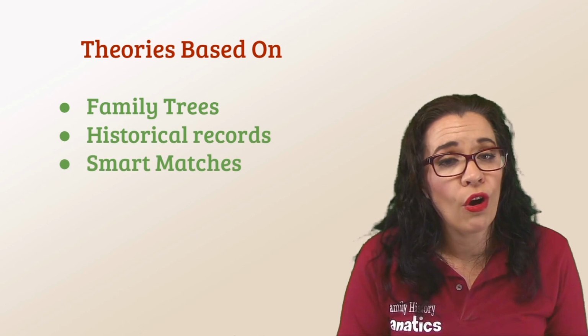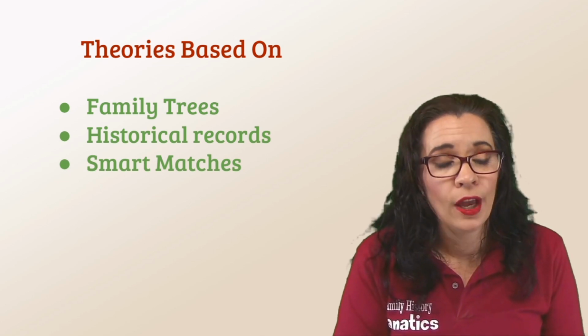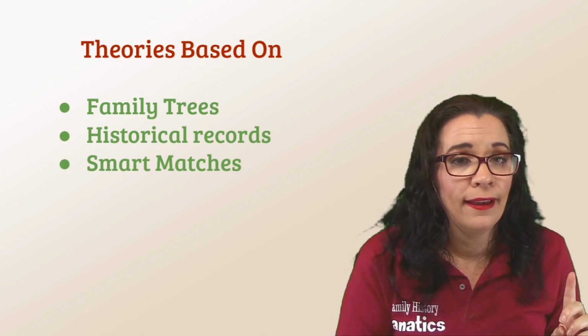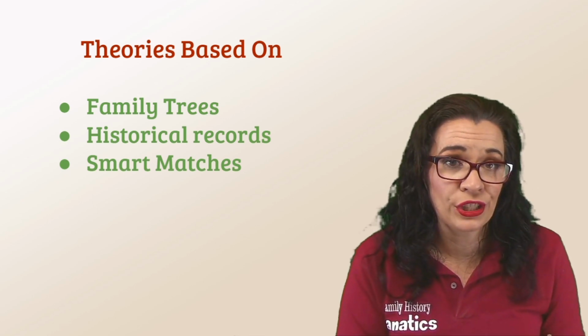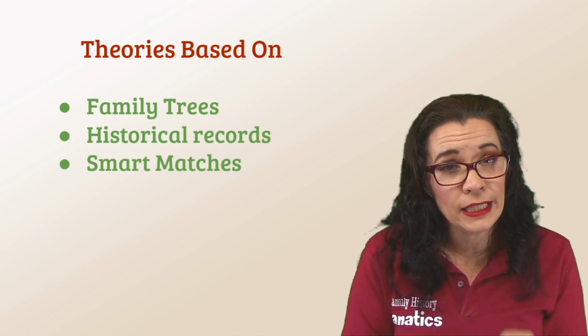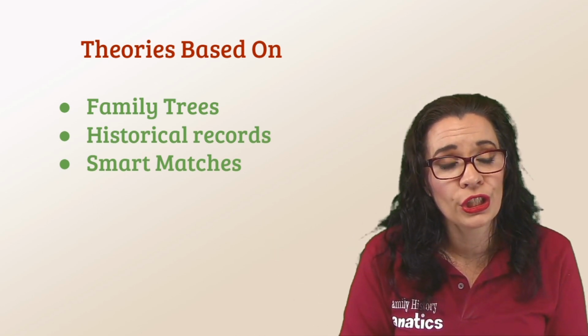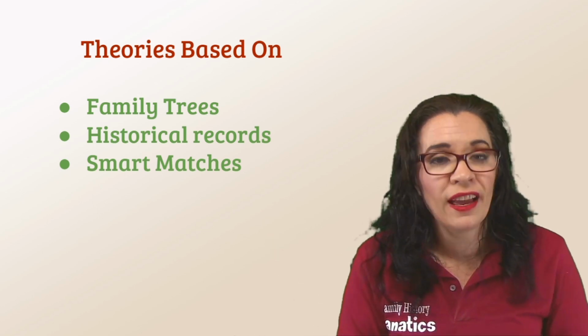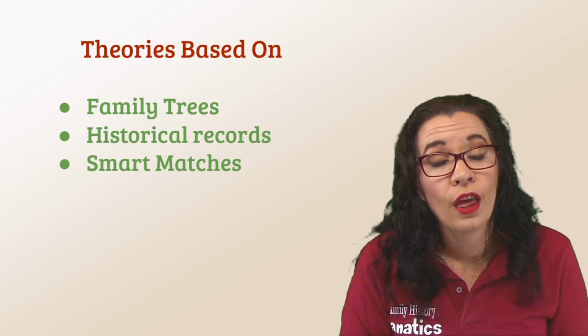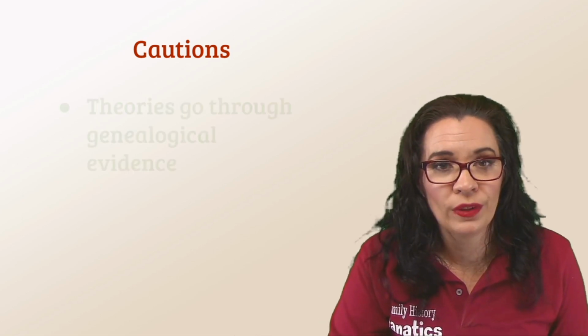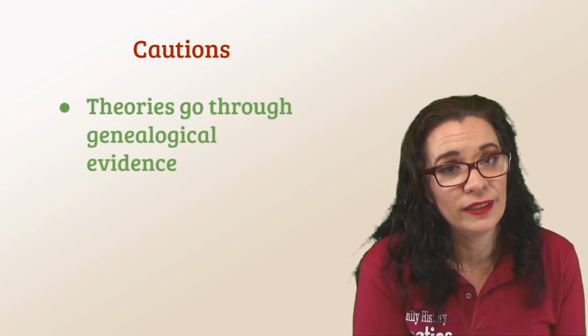Then MyHeritage will also look at Smart Matches. What about trees that are on FamilySearch and Geni that they have an index to in MyHeritage, as well as other MyHeritage tree builders, and see if they can piece together your information. But I have to caution you, these are theories.